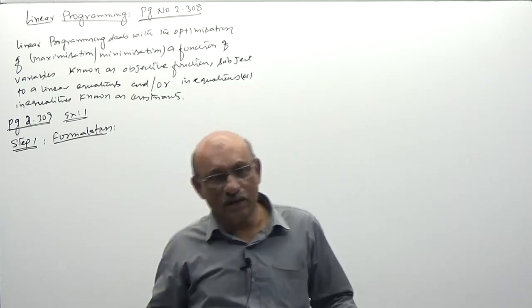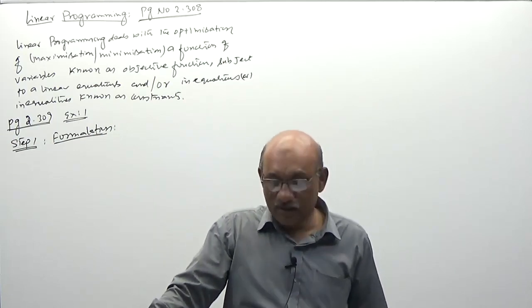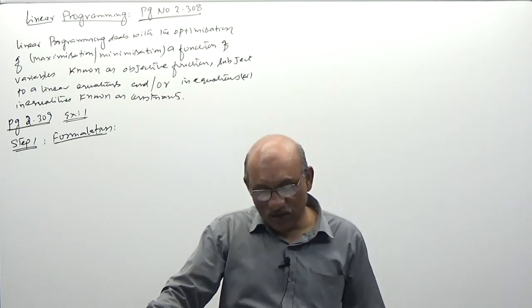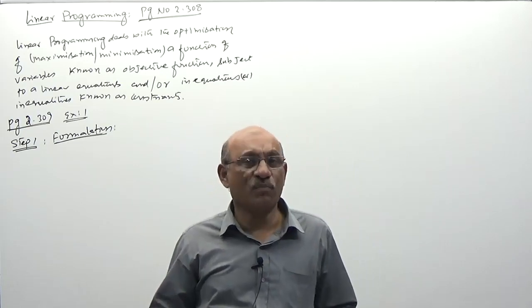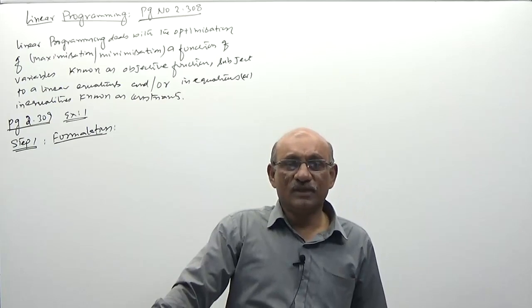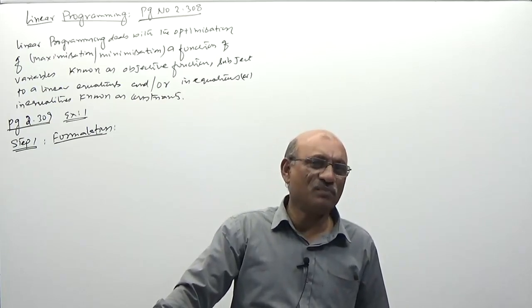Availability of raw material. Only 60 kilograms of raw material is available per week and 96 labor hours are available. Using these resources, how many units of product A and how many units of product B the firm has to produce in order to maximize its profit?